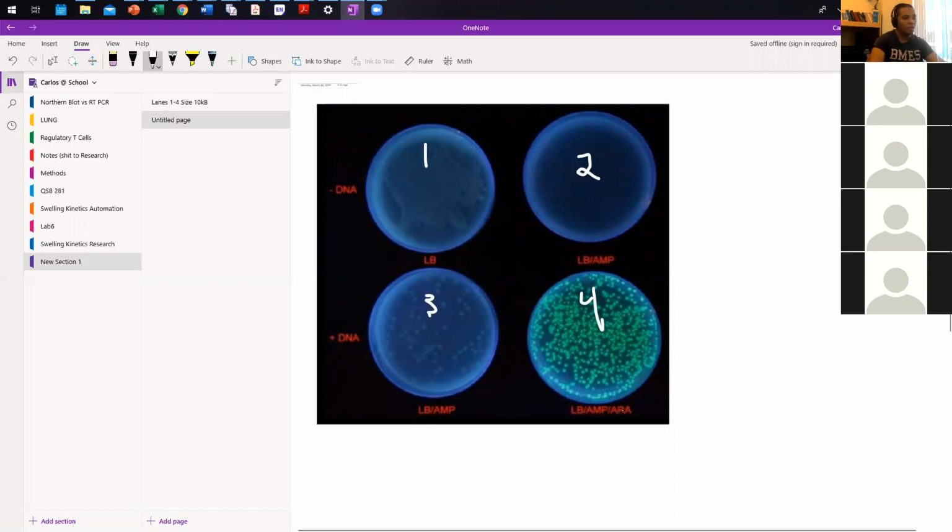So it's essentially just showing you that this is the switch to turn on the GFP expression. That's the difference between 3 and 4. It's just one of them doesn't have arabinose, one of them has it. So you're just turning on the switch. This one has the switch because there's ampicillin resistance, but the switch is not turned on.